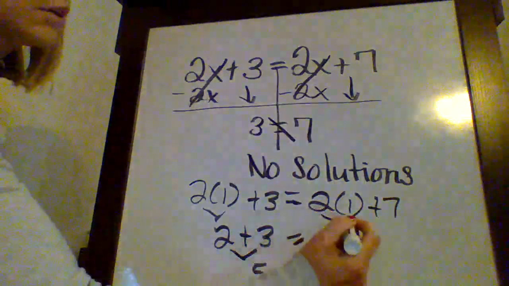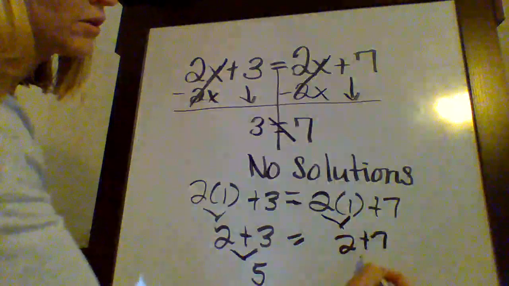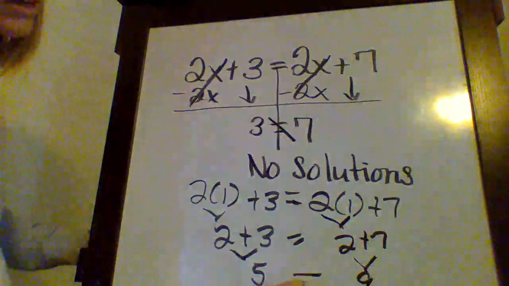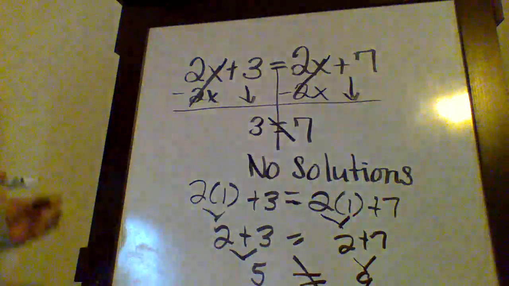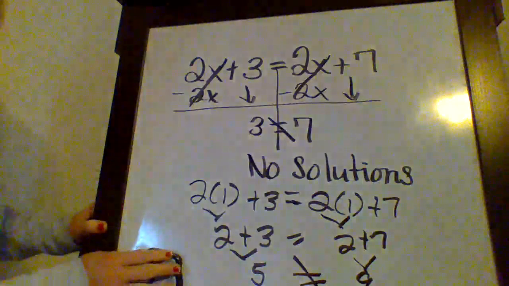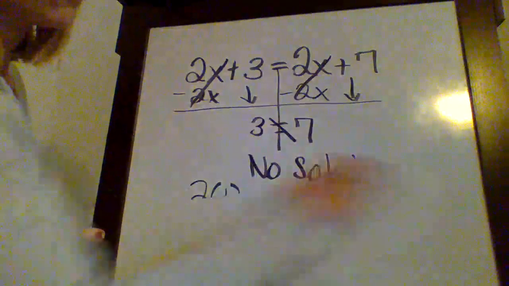Well, over here, 2 times 1 is 2, and 2 plus 7 is 9. That is not equal. So when you are left with a false statement, you have no solutions.